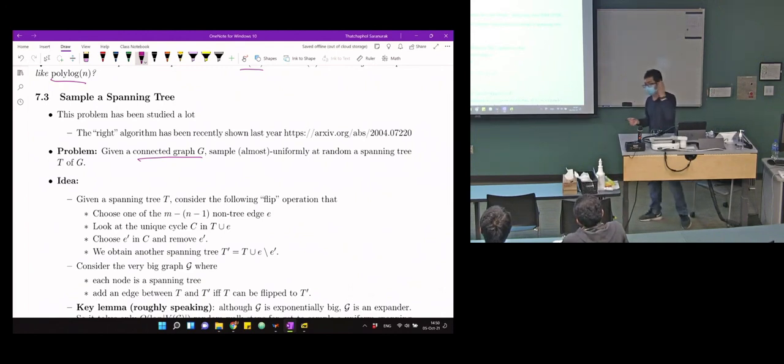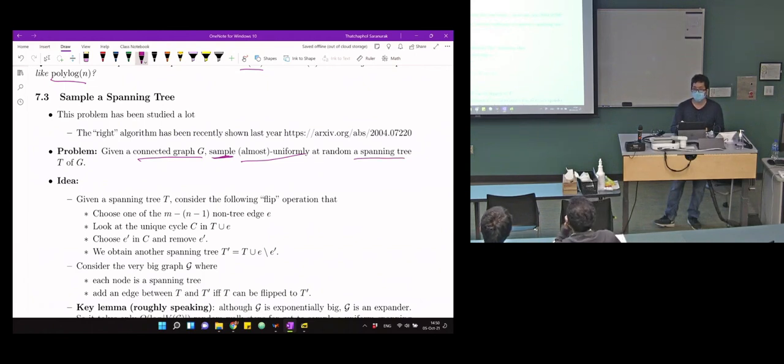If you want just some spanning tree, it's very easy: just breadth first search or something. Now the question is, if you want to sample almost uniformly a random spanning tree, how do you do that?